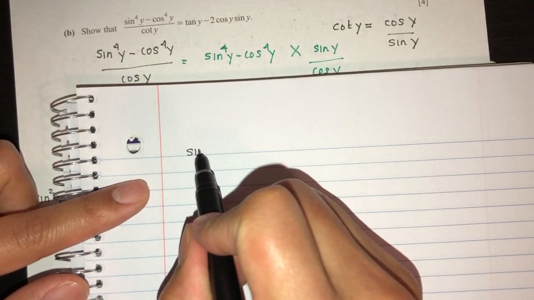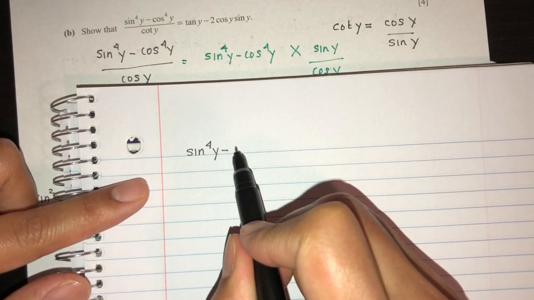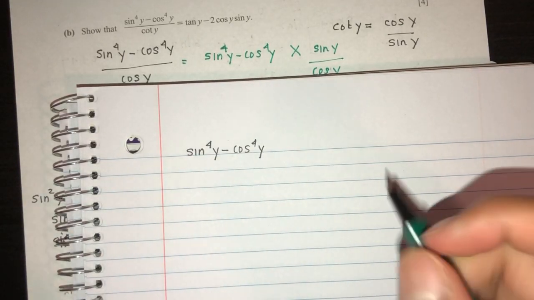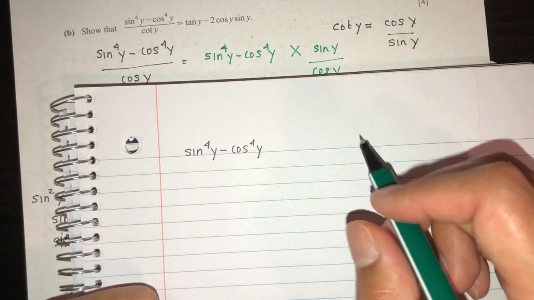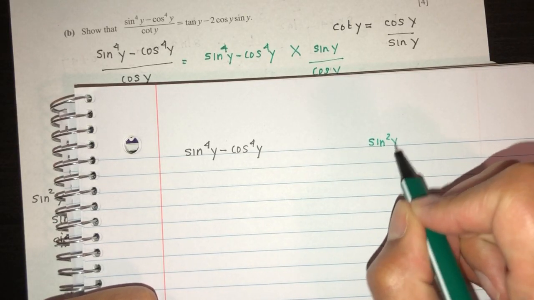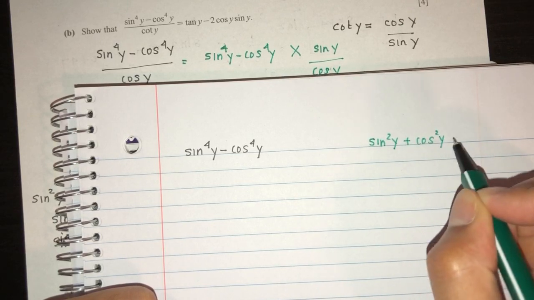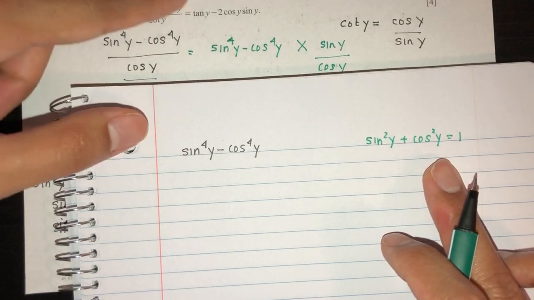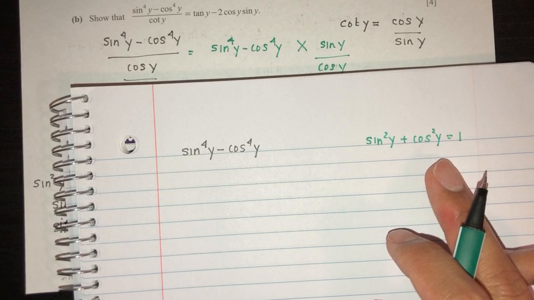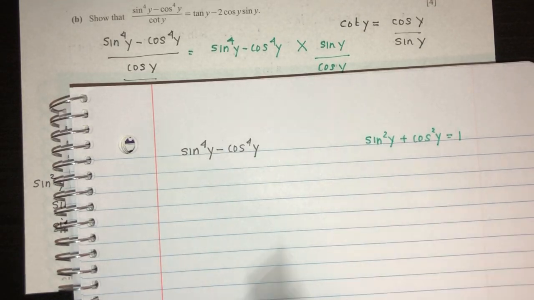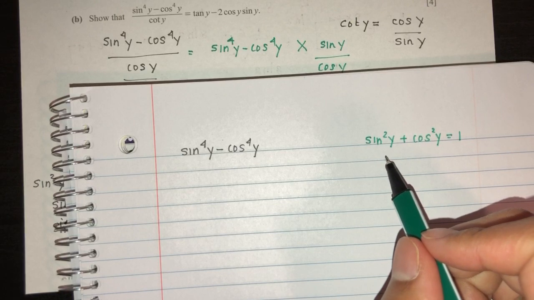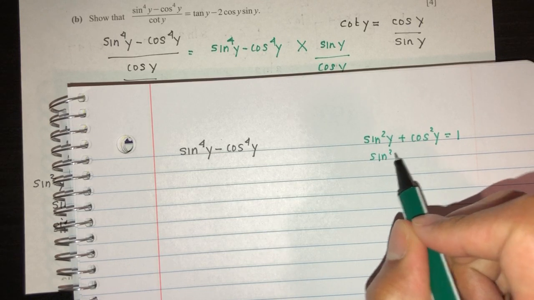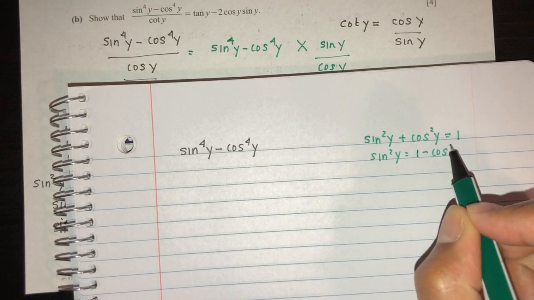So we have sine power 4y minus cos power 4y. Let's try to simplify the top first. We're going to use the same thing, sine square y plus cos square y equal to 1. Our answer needs to be cos y, sine y, and tan. So sine square y is equal to 1 minus cos square y.